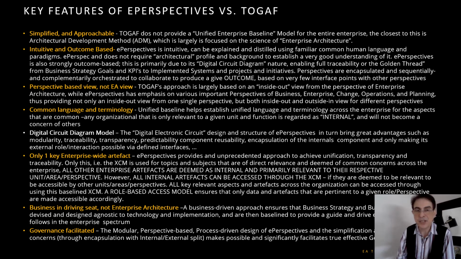So we have the digital circuit diagram model that makes it possible for us to do this. And very importantly, as I mentioned, it's business that is in the driving seat and not enterprise architecture. So we will not use strange architectural terms to guide business, but we have to understand their world.